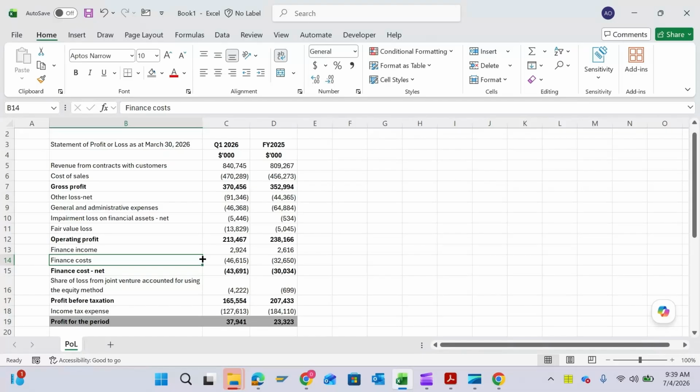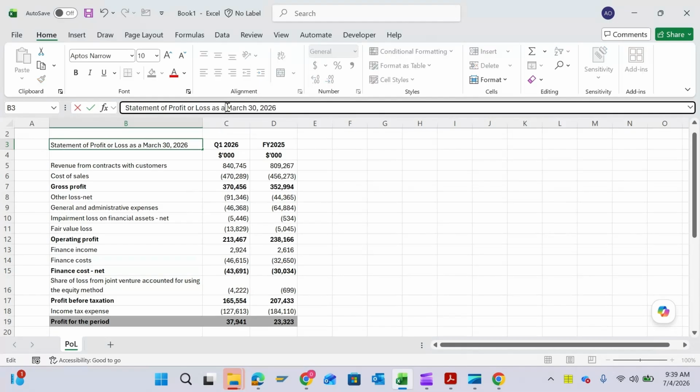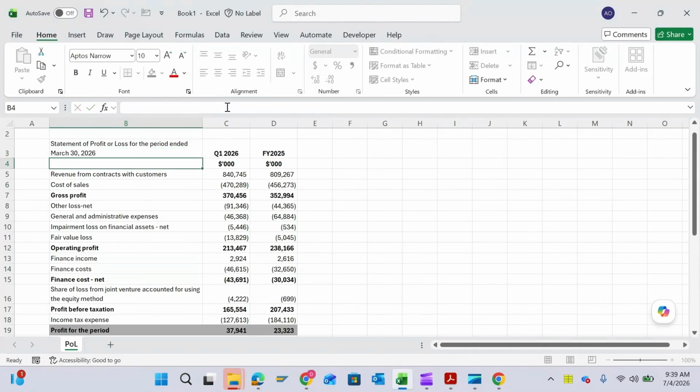So since I've done this profit or loss, I believe you can try out doing the statement of cash flow, the balance sheet by yourself. That balance sheet is what some people call statement of financial position. For the period ended, because it's for you to know the profit a company made for a particular period.